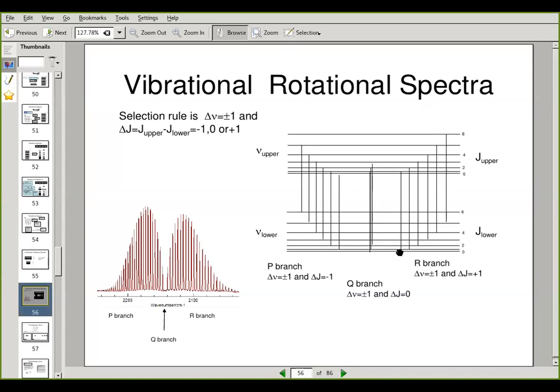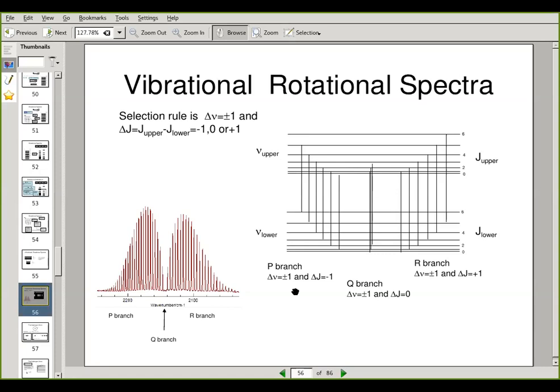Now here, as you go from left to right, these lines are getting steadily shorter. The jumps are getting steadily shorter. This is the biggest energy jump over here, and they get steadily shorter as you go towards the left.